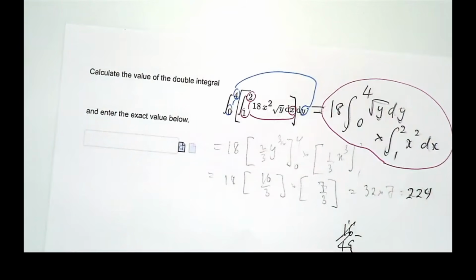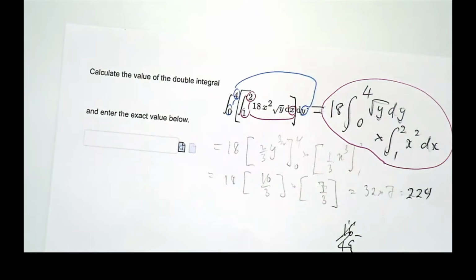So look for the inside dx or the inside dy, and it'll be the inside integral limits. That's how it works. Because it's easy to mix them up. Sometimes I mix them up and I get the wrong answer.